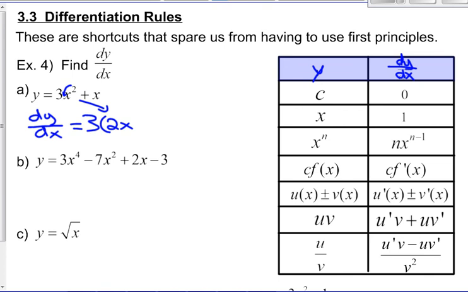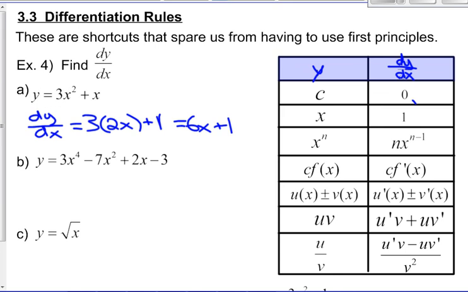So it's 2x to the 1. Plus x, the derivative of x is 1. Or 6x plus 1. And a lot of people would just jump to that. 6x plus 1, they'd be thinking 3 times 2 over here makes 6. Power goes down, so 6x.